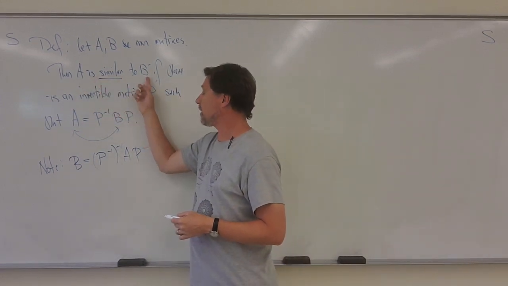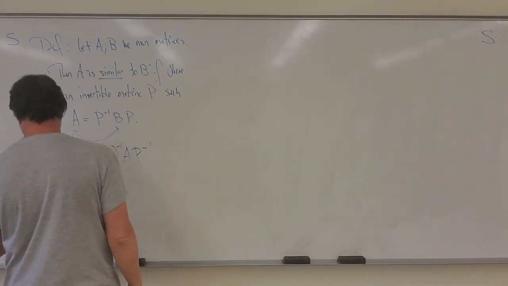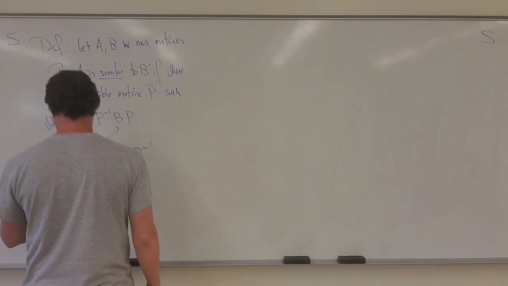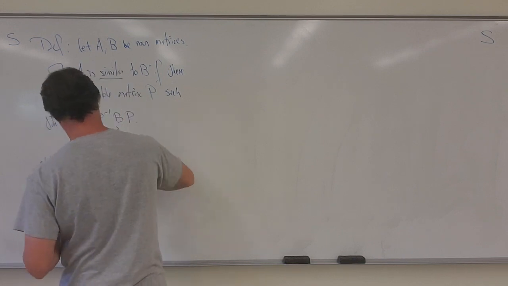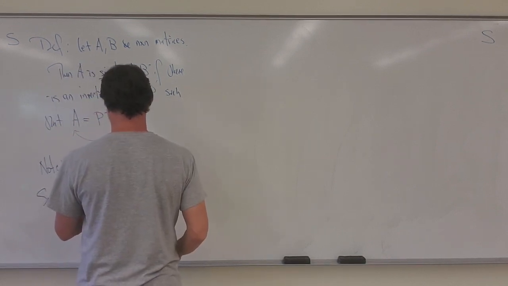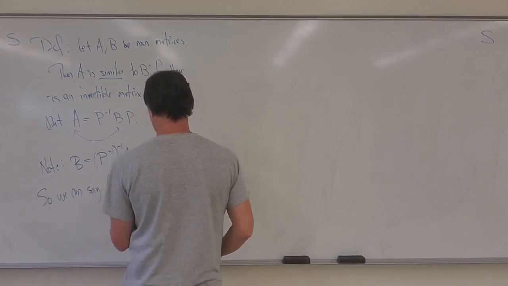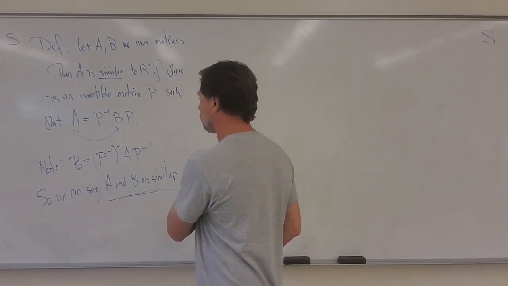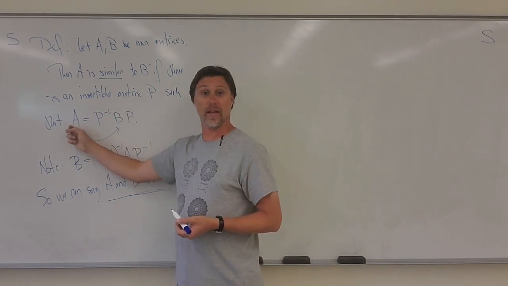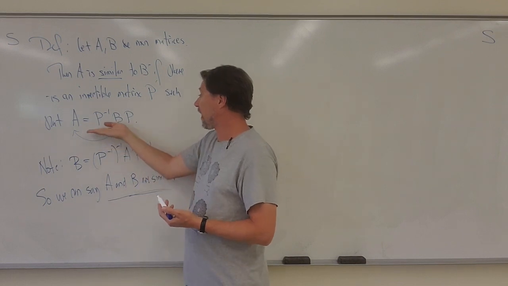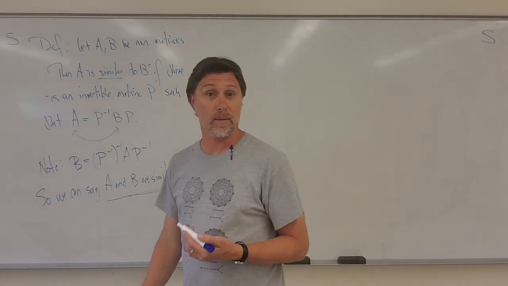If A is similar to B, then B is also similar to A. So now we can say A and B are similar. Here we defined it so that A goes on the left-hand side and you can express it in this way. But since if A is similar to B then B is also similar to A, we can just talk about these matrices as being similar.